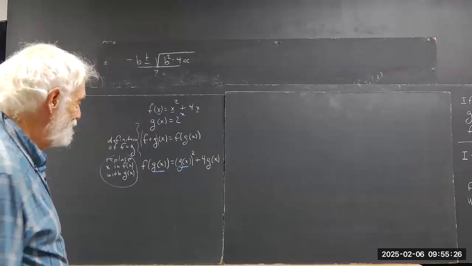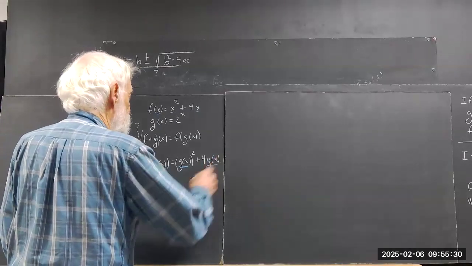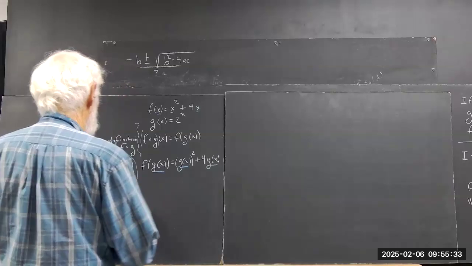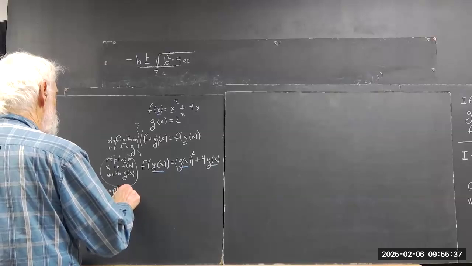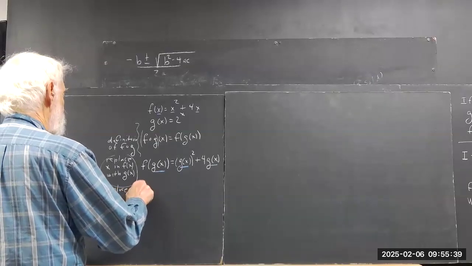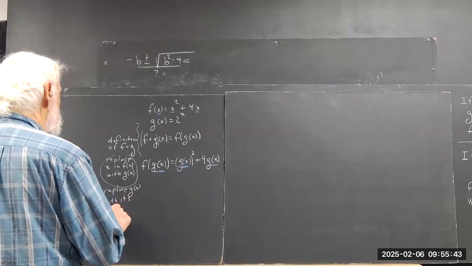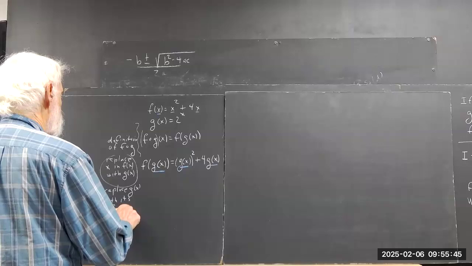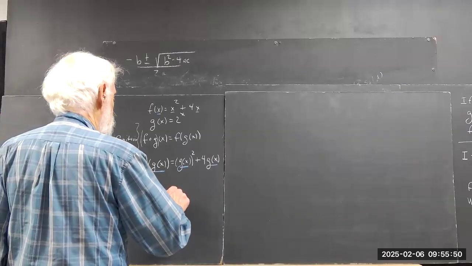Aha, did you see an aha moment there? That's good. That's good. Okay, so and I've been underlining my g of x, so I will. But now, replace g of x with its formula.